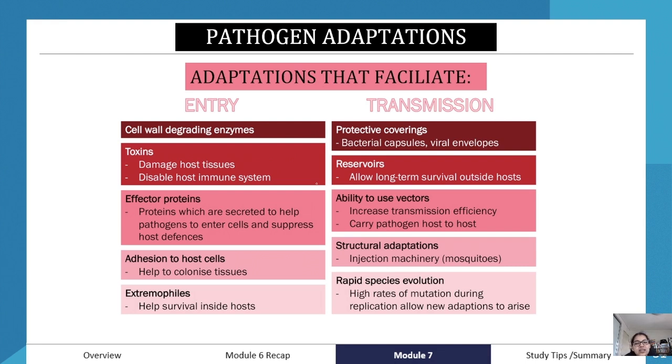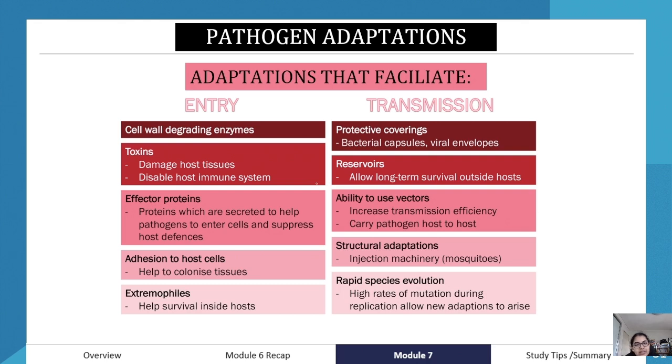So let's now start thinking about how adaptations are occurring in the host, and more specifically in both the host cells and also the pathogens that facilitate entry and transmission.